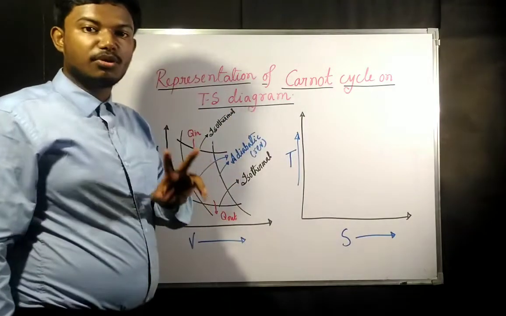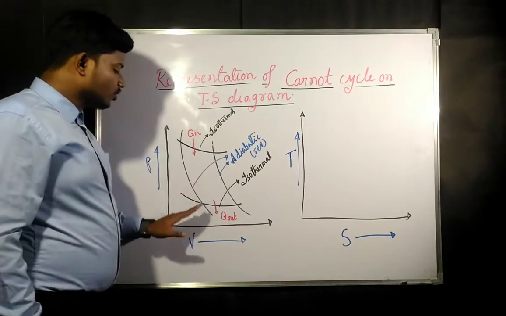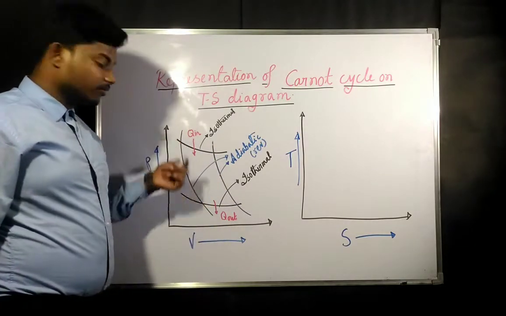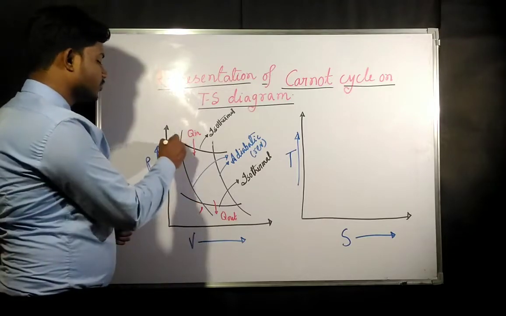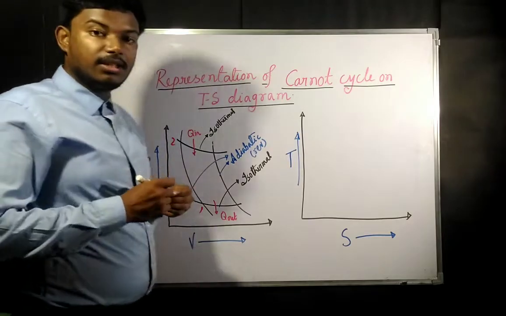That means two isothermal processes where heat exchange is taking place. Okay, so Carnot cycle is nothing but from here to here. This is point 1, point 2.